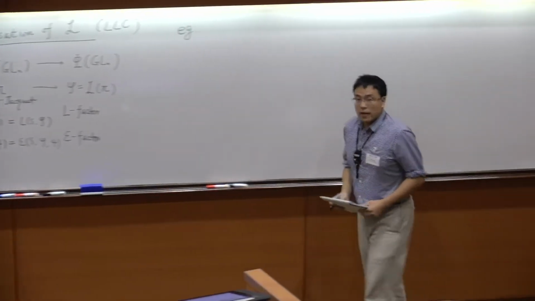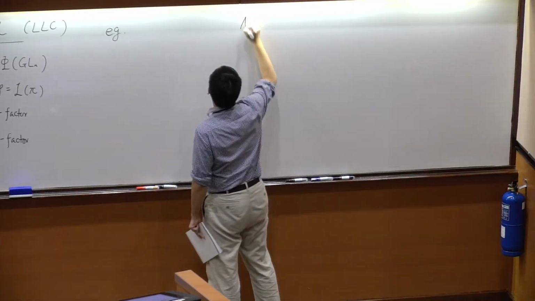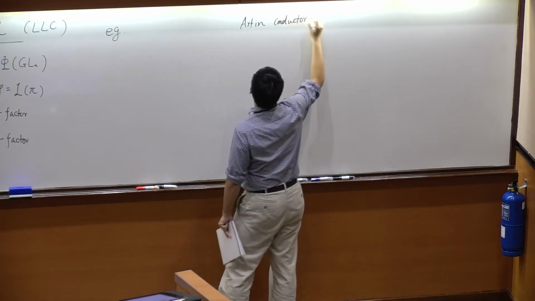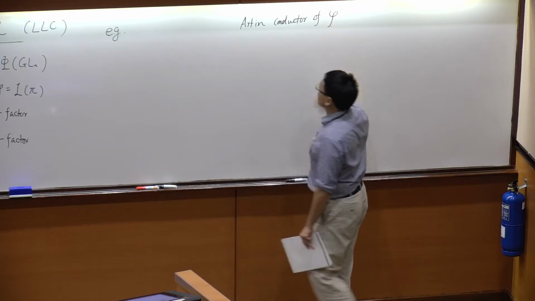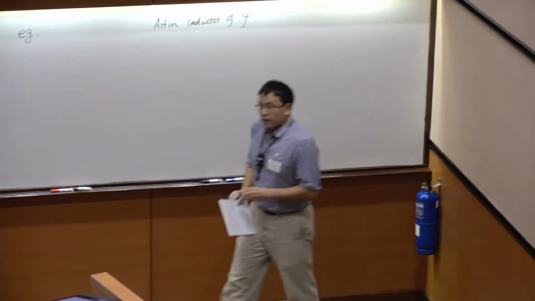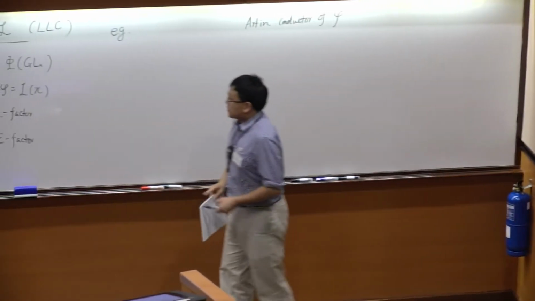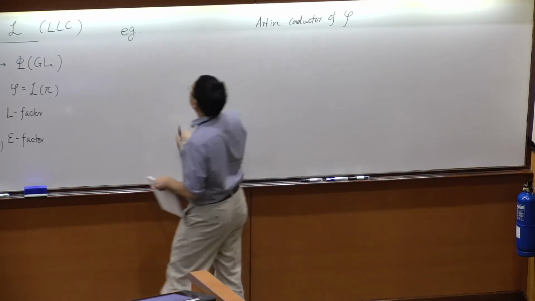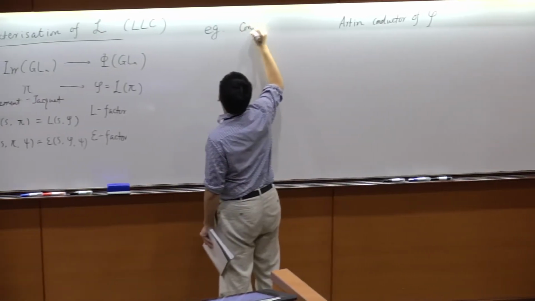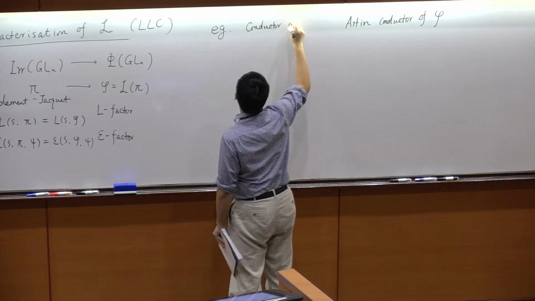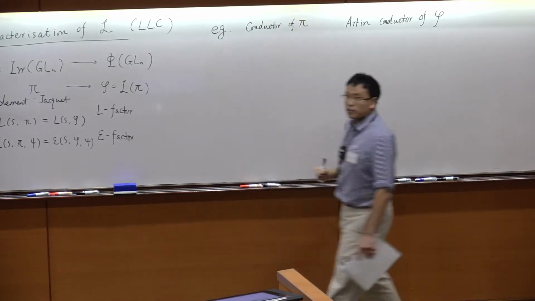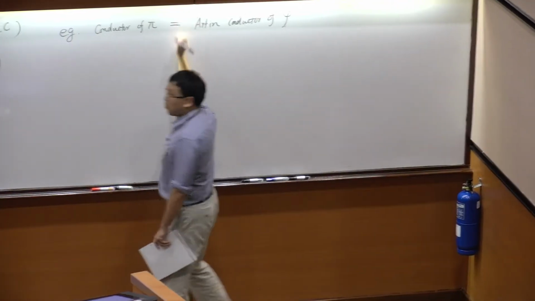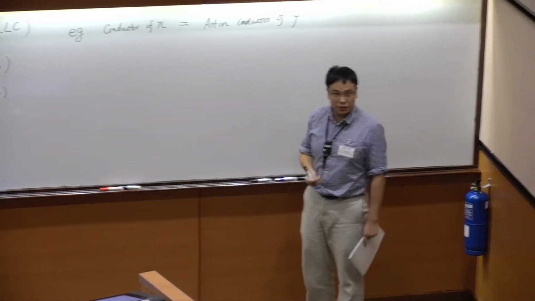So in this case, we have an Artin conductor here. And now the next question is, what's the corresponding invariant on the other side? We actually also have the conductors for the representations. Both of them give you non-negative integers.